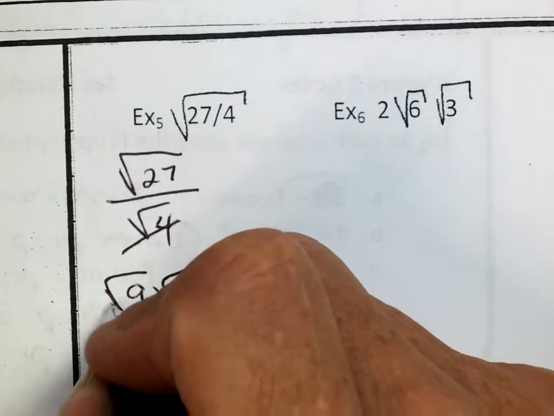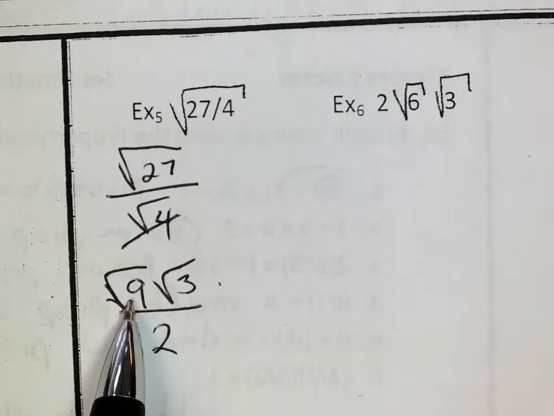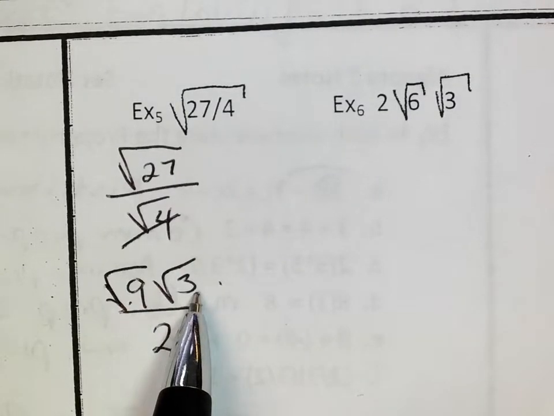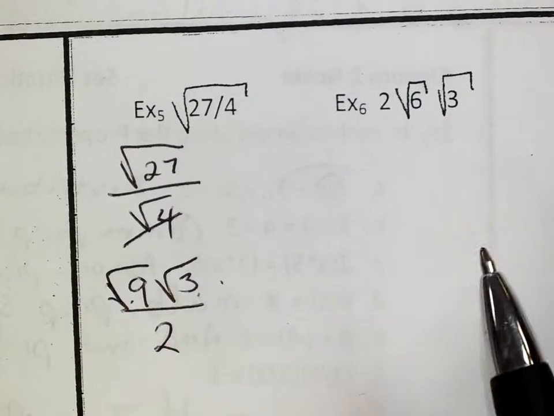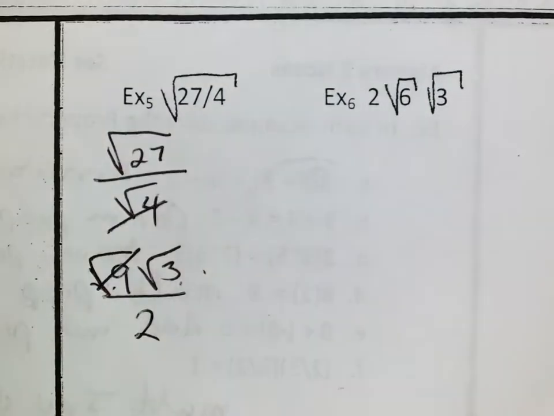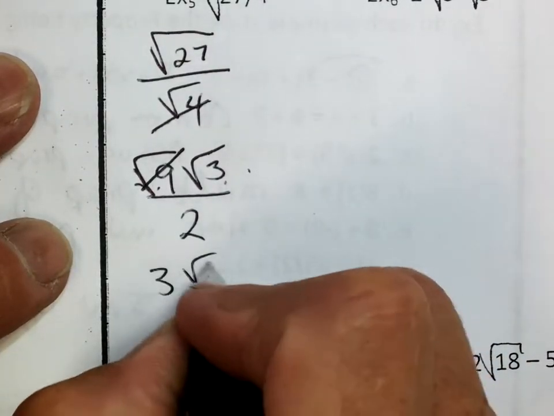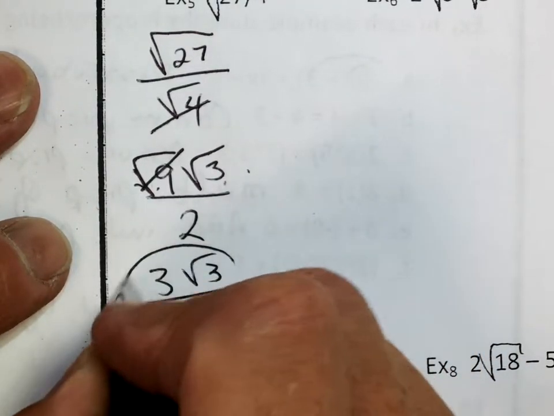And do you notice that I still wrote it as a square root because we haven't taken a square root. I still wrote square root of 9, square root of 3. But I'm going to now, right? Square root of 9 is 3, so this becomes a 3. So I got 3 square roots of 3 over 2.